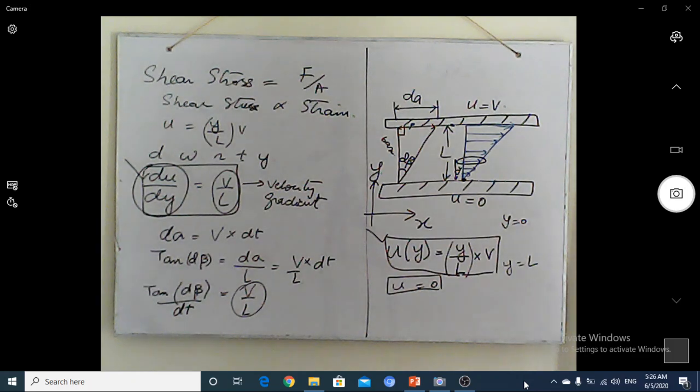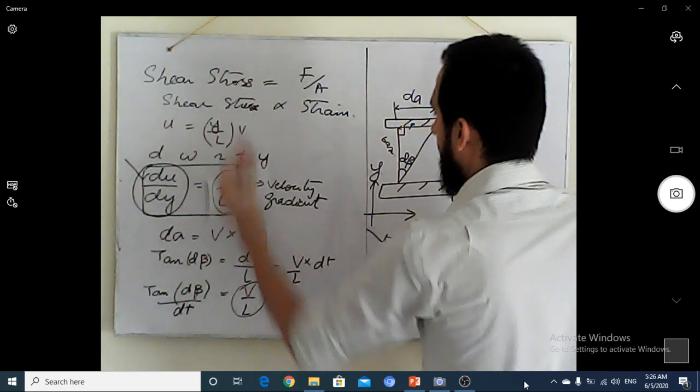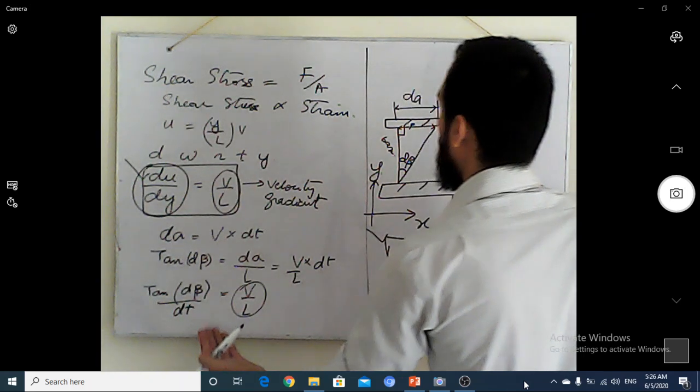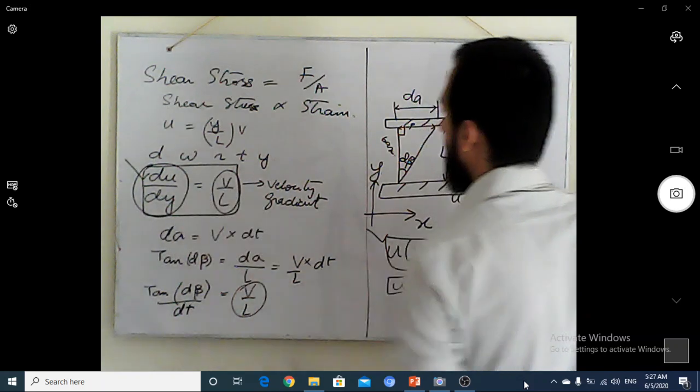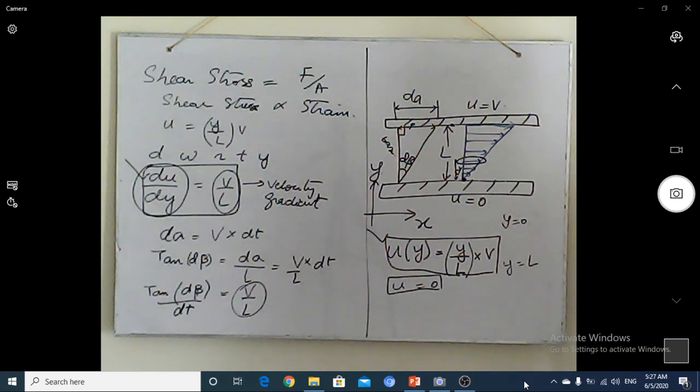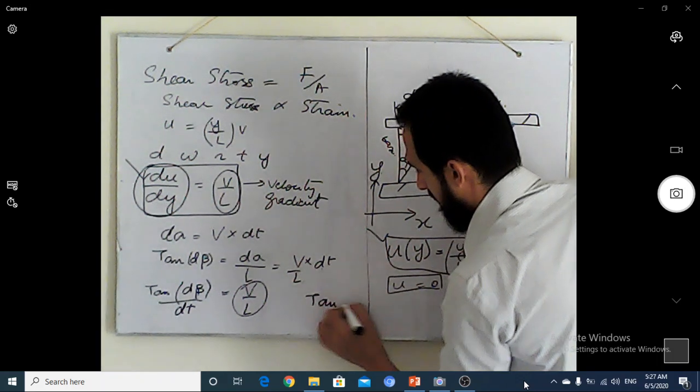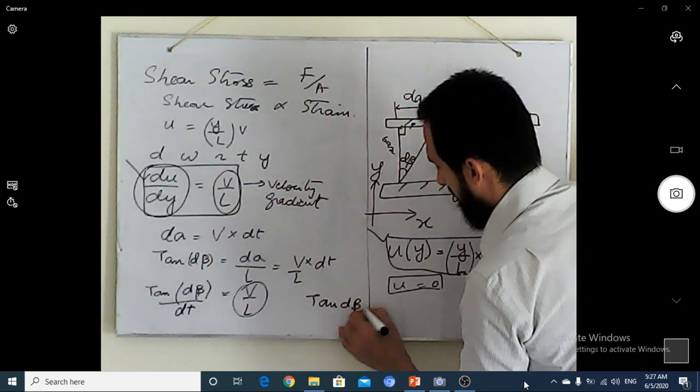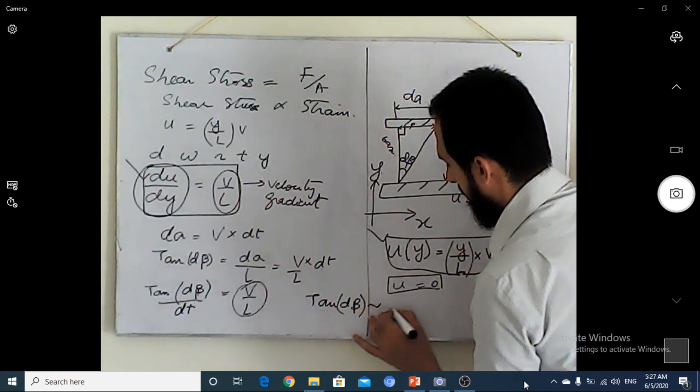So strain is directly proportional to stress, and strain rate equals the velocity gradient. So we can simply say that the shear stress is directly proportional to the velocity gradient, or the strain rate. One more thing I need to tell you is that tan d beta is just equivalent to d beta.